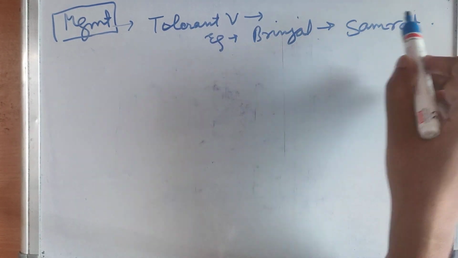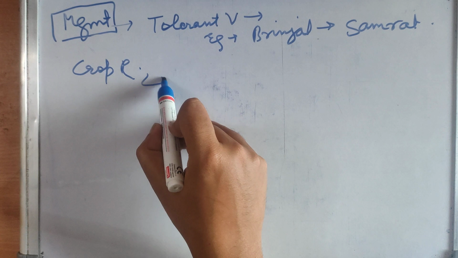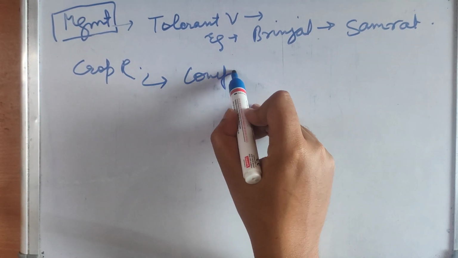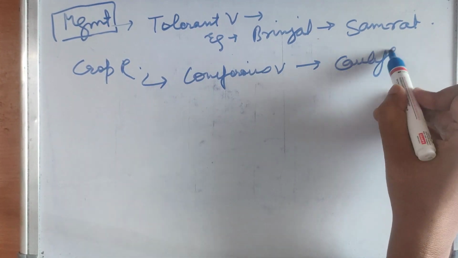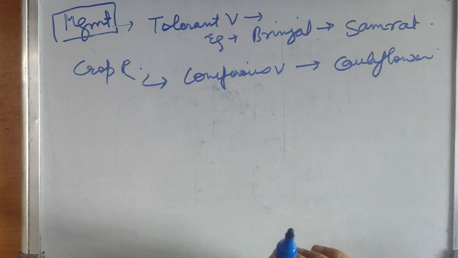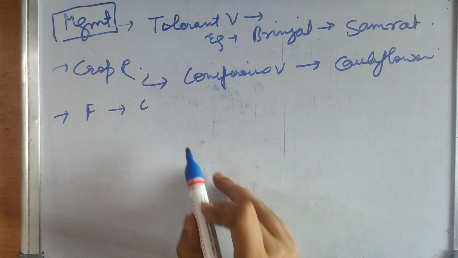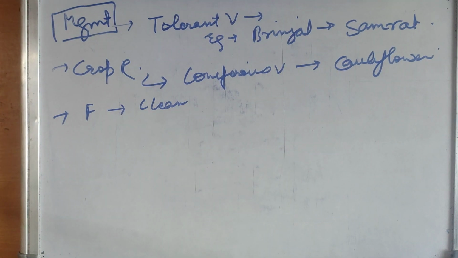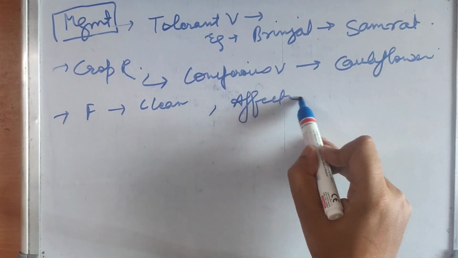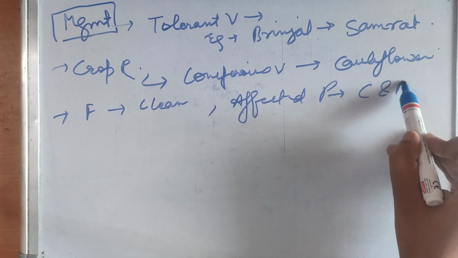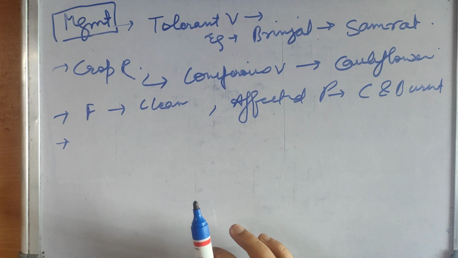We will do crop rotations, mainly with cruciferous vegetables such as cauliflower. Field should be clean. This is the third point. Field should be clean, and affected parts should be collected and burnt. Spray copper fungicide to control disease.